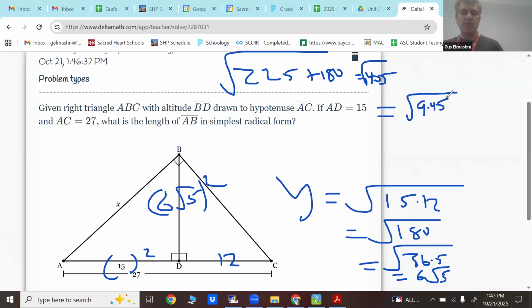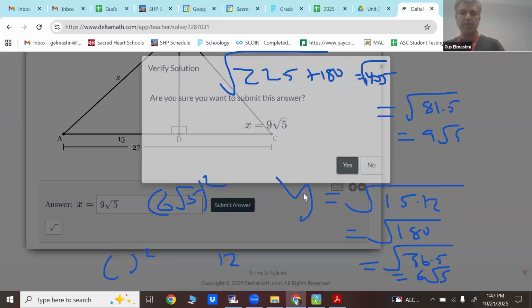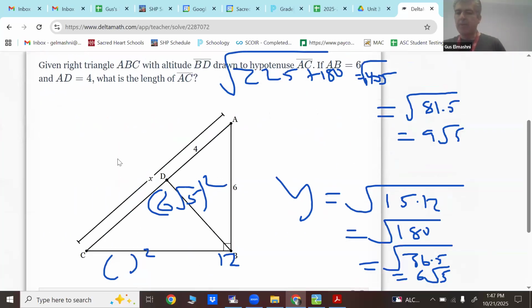Oh, thanks. Actually, I can pull out more. I do 81 times 5. So it's 9 root 5. So it does get a little bit complicated with the radical stuff, but the connections with what we've done already should be pretty straightforward.